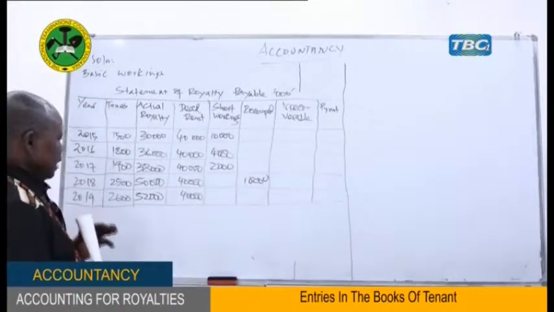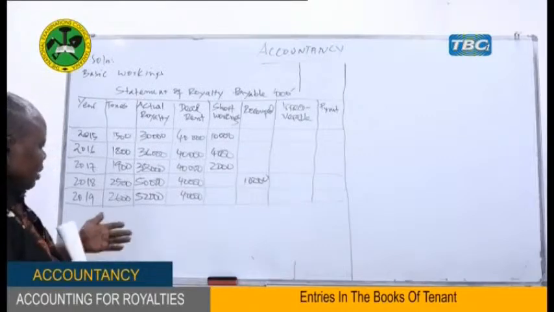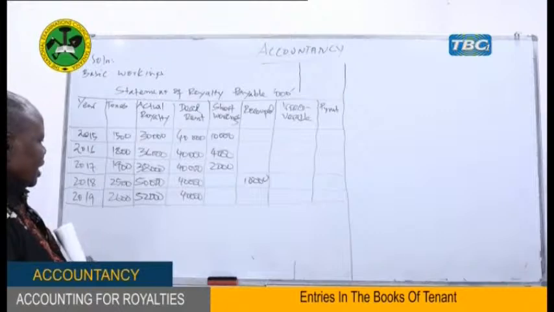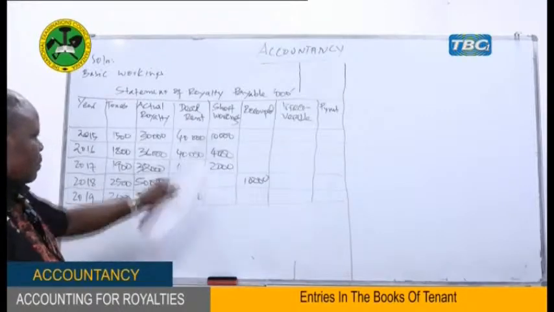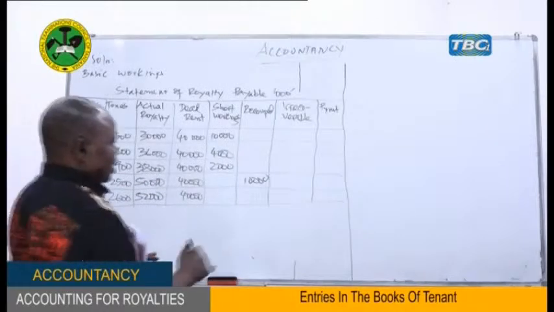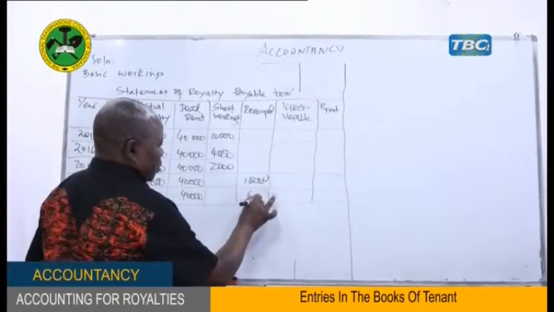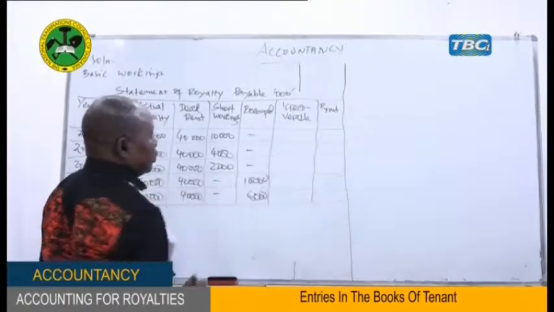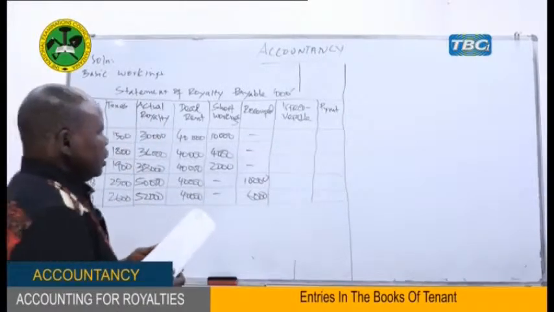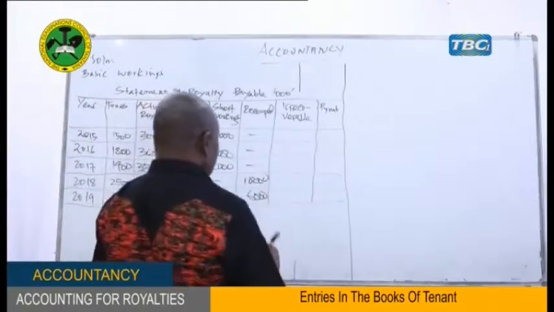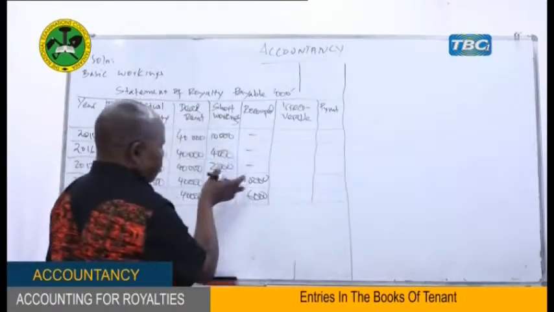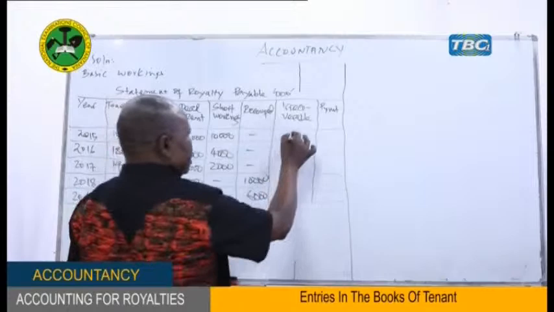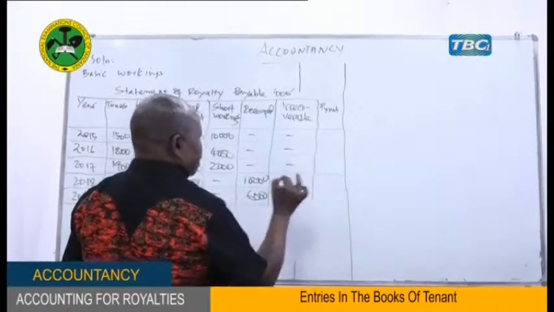But in the year 2019, we have the excess of 52 minus 40. So we will recoup the remaining amount, which is 6,000. So we don't have the amount of irrecoverable because all money we've already recovered. So it's nil.